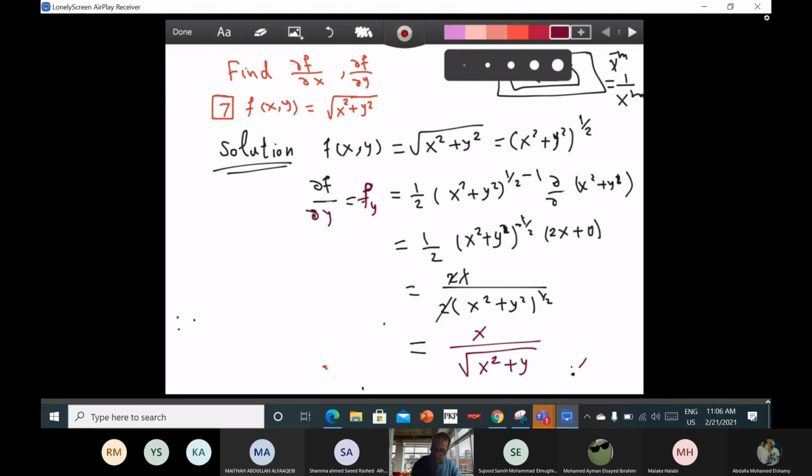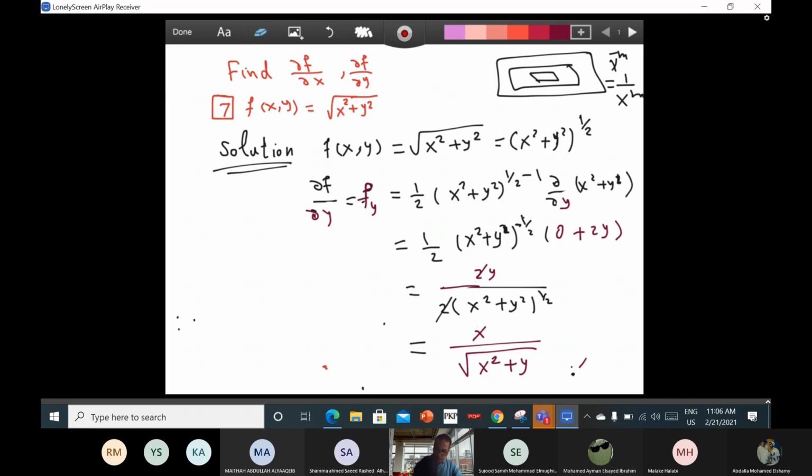Right, okay. So which one will be 0 in this case? x. Yes, this one will be 0, because x is a constant with respect to y, and here we have 2y. So this one will be differentiated to 2y. Also cancel this one.